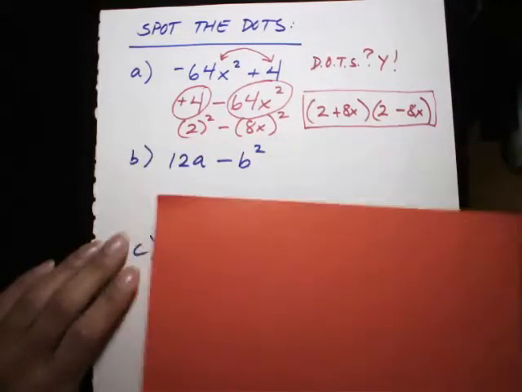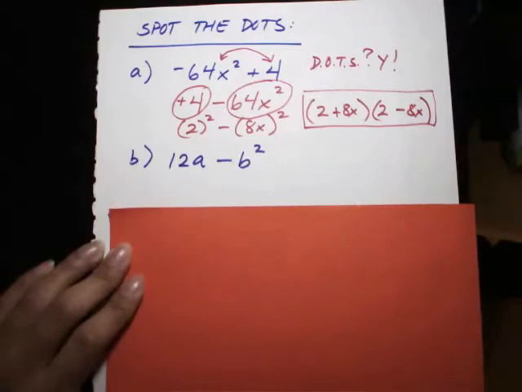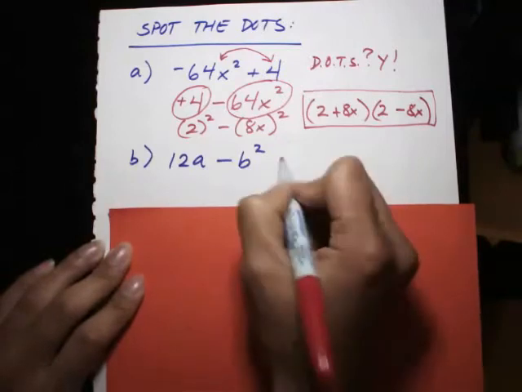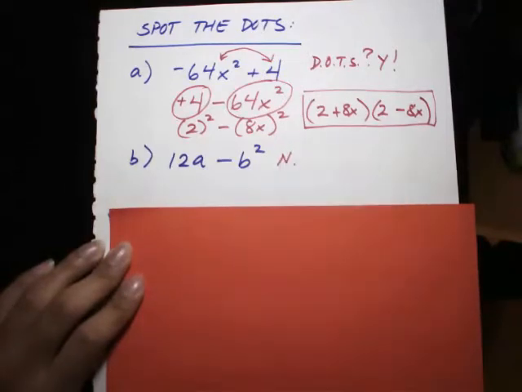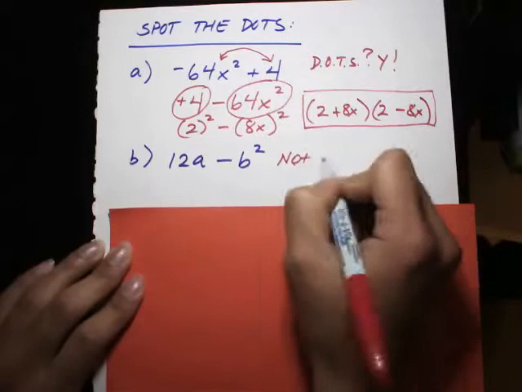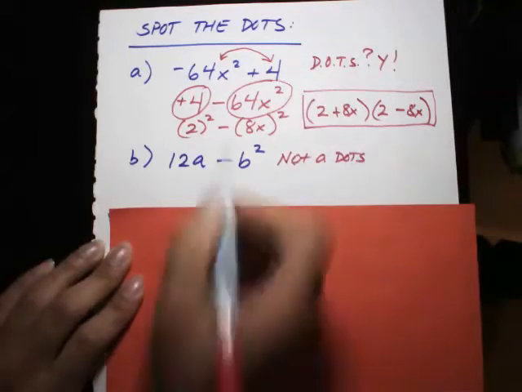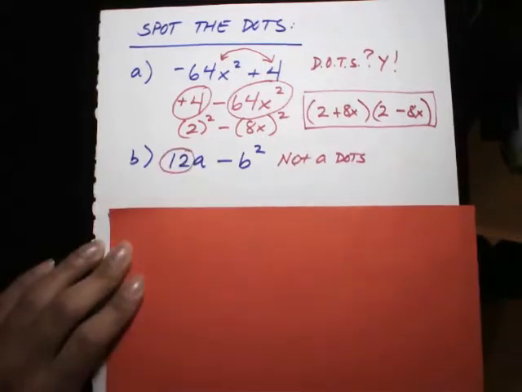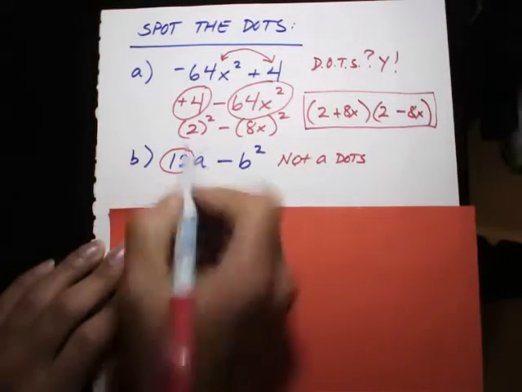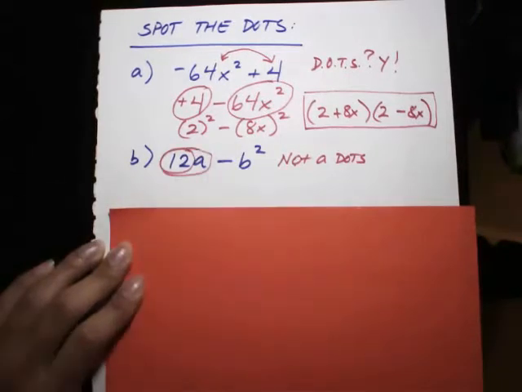What about B? B is not a DOT. And why is that? Well, you may have noticed that there's a 12 there, or 12a to be exact. And 12a is not a perfect square. And what else do you notice about this?